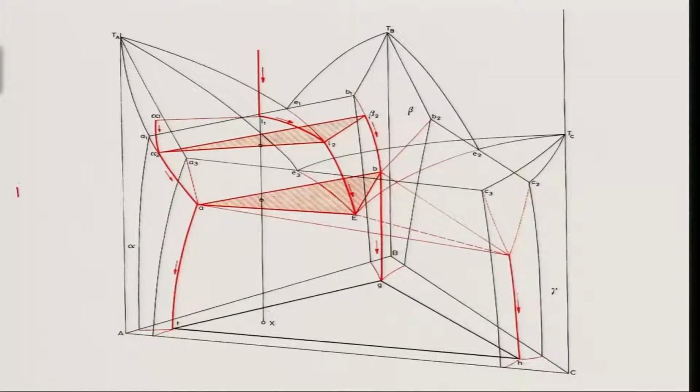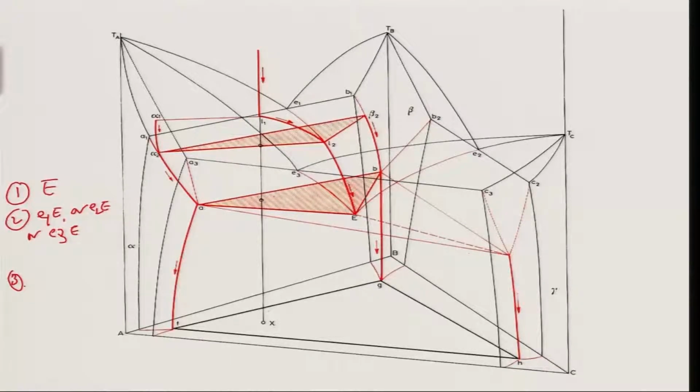So, let me write down: the first composition is corresponding to E, the second is an alloy composition lying on the monovariant curve E1E or E2E or E3E. Any of these monovariant curves on which the composition lies. The third one is the trough.